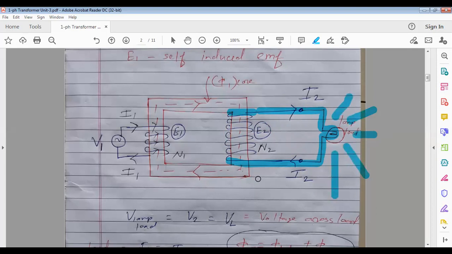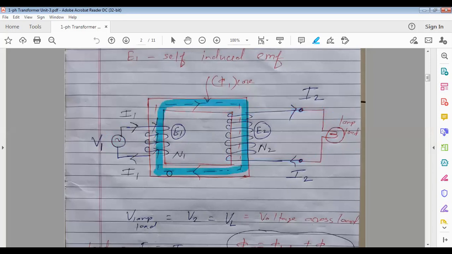What does it mean? Transformer transfers electrical energy from primary to secondary. See, electrical energy where you have applied across primary only. The primary and secondary winding are not physically connected to each other. They are magnetically coupled with each other. Both the windings are wound on this common magnetic core.